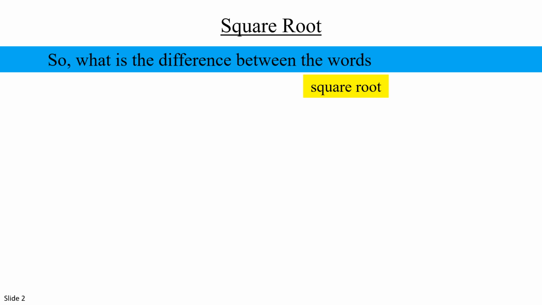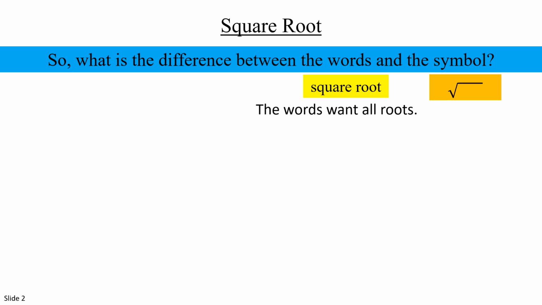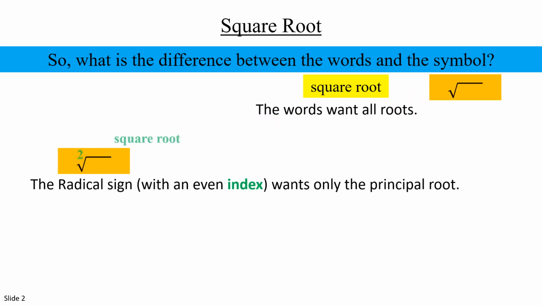When I use the words square root or the symbol, the radical sign, what is the difference? Well, the words want all roots, so that's going to be positive or negative if they exist. The radical sign or symbol with an even index, notice I flashed up there 2, 4, 6, 8, only wants the principal root.